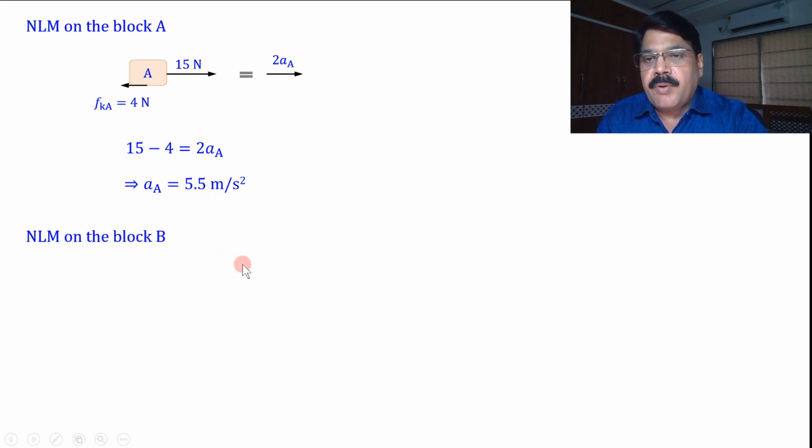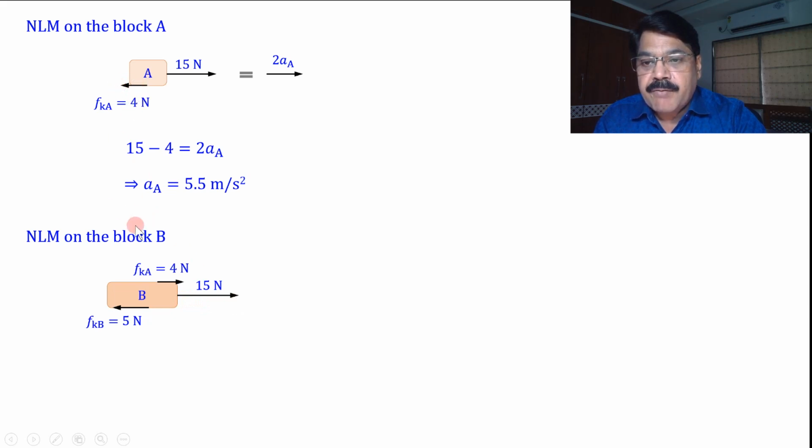Similarly, we can apply Newton's law on block B. NLM on the block B. So on block B, this force, 15 Newton, was applied, and this friction was backward. So here it is forward, and this friction was backward. We have seen. So what equation we have here? Kinetic, let us show the kinetic diagram, mass 3 into A of B. So the equation is what? 15 plus 4 minus 5 is equal to 3 A of B. So what is remaining here?